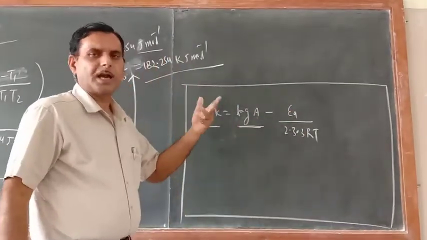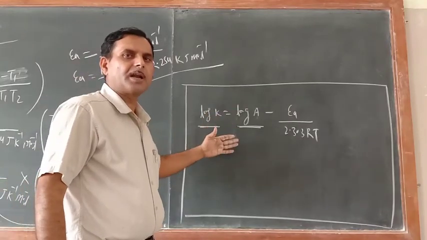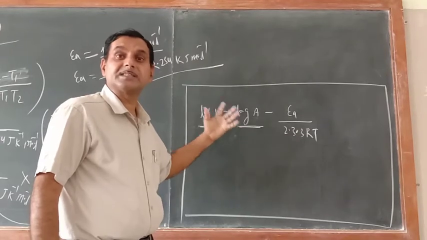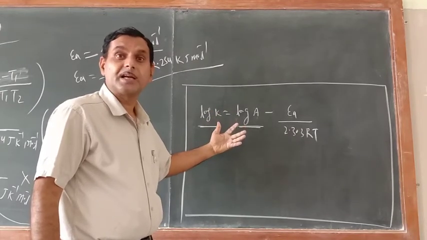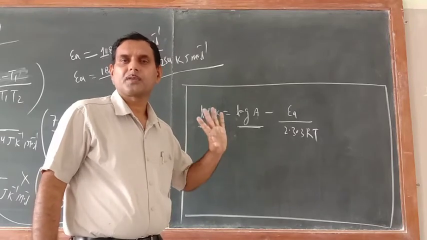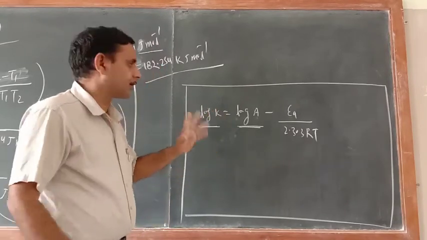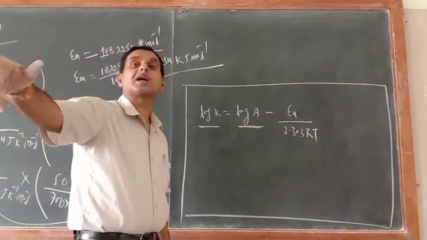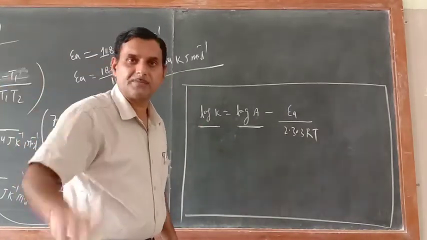So just try to understand, with the help of the Arrhenius equation, we can calculate every expression which is involved there except one. Are you getting my point or not? Means you can calculate everything if all expression values are given except one expression value is not given.